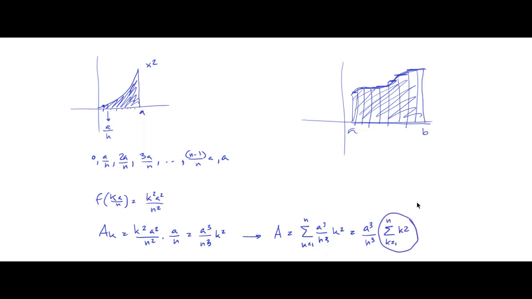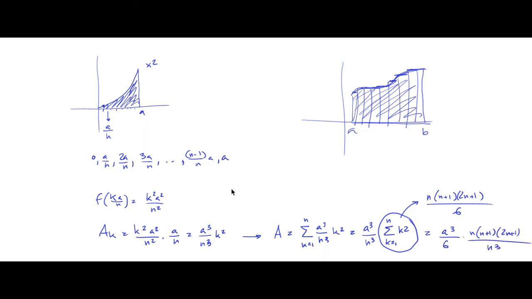This is the sum of the squares of the first n natural numbers, and we've seen this before in Unit 1. This is n times n plus 1 times 2n plus 1 divided by 6, right? So this sum is equal to A cubed divided by 6 times n times n plus 1 times 2n plus 1 divided by n cubed, right?